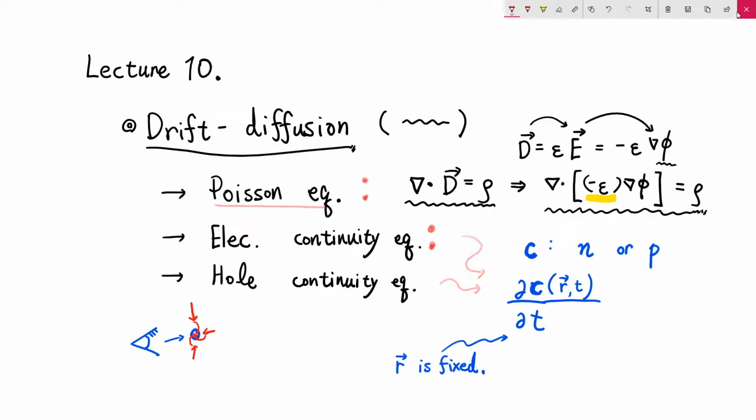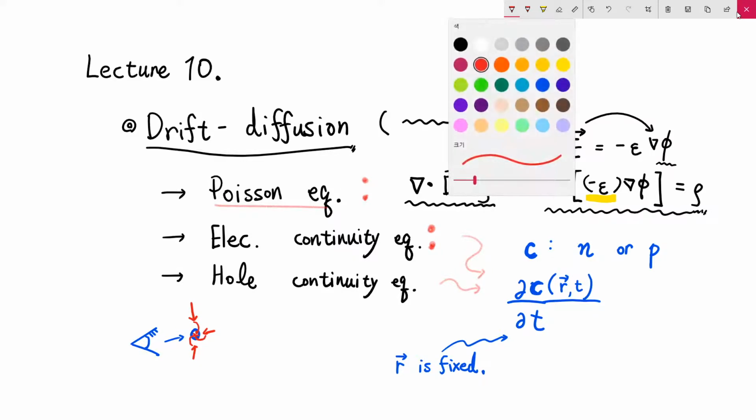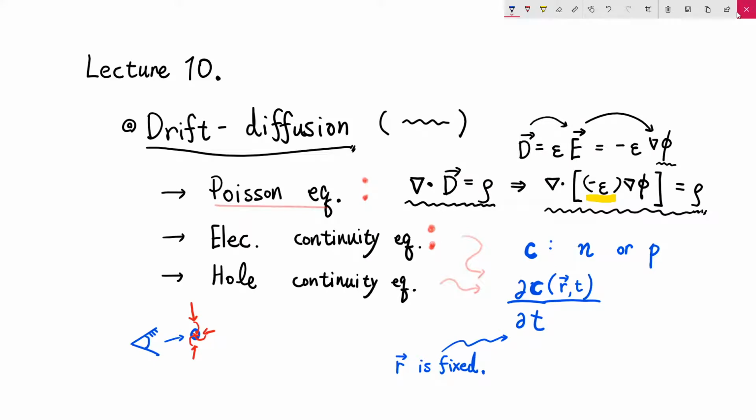Then we will have an increase of carrier density, because the box is given and electrons are coming in, so we will have the increase of C density.